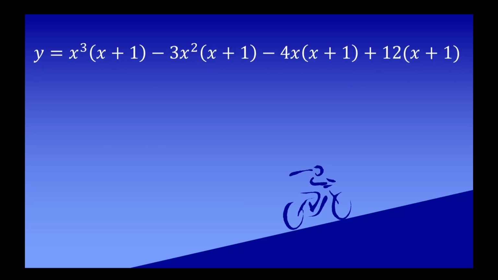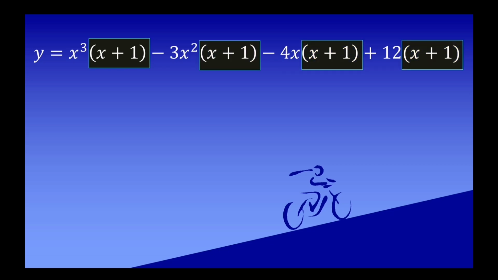So that is our new equation, y is equal to x cubed, a quantity of x plus 1, minus 3x squared, a quantity of x plus 1, minus 4x, a quantity of x plus 1, plus 12 multiplied by x plus 1. So we have the highlights of our common factor, the x plus 1.